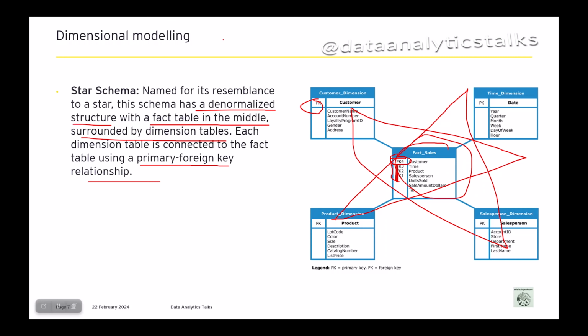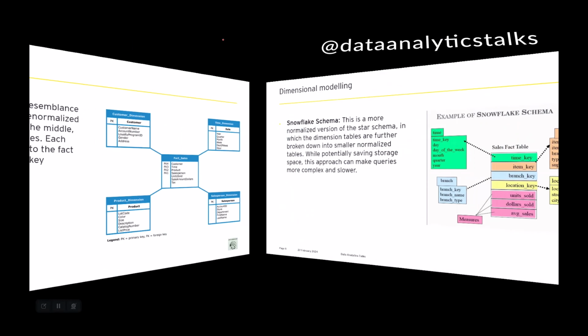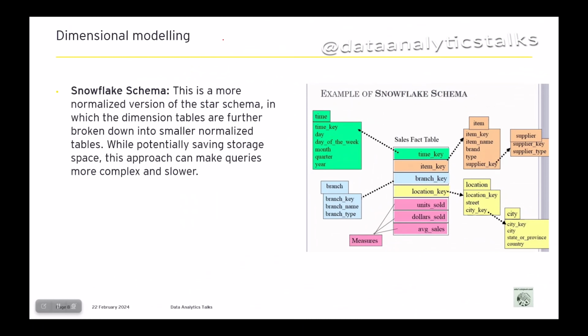So now going forward, we have another very important schema in dimensional modeling, which is nothing but the snowflake schema. Again, this is a little more normalized when compared to the star schema. You can see some more additional connections, right? Additional links. So what is the star schema?